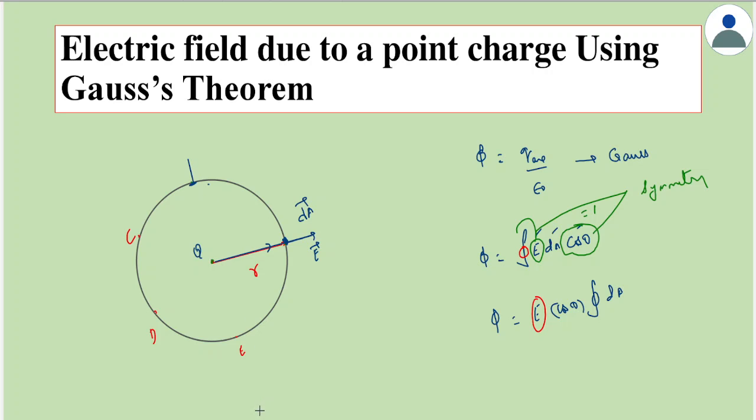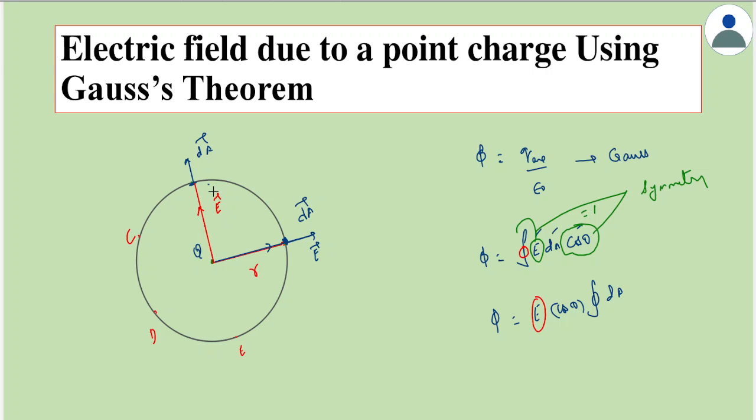It's like this. Similarly, electric field also from here would go out normally only. So again here also the angle between E and dA is 0.